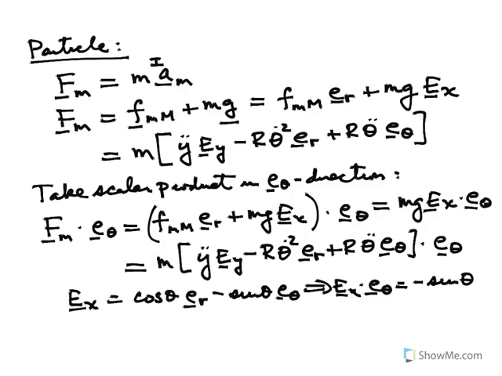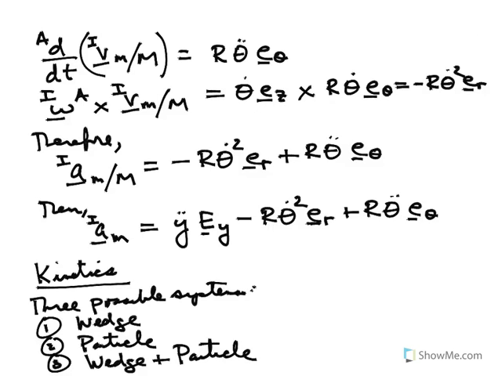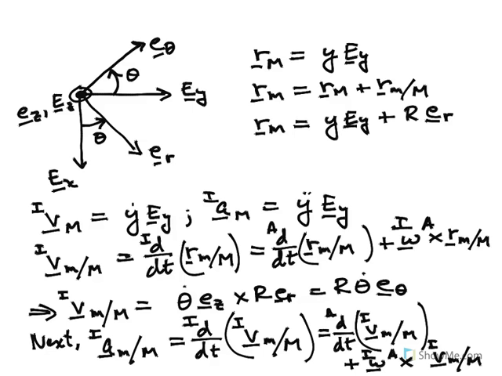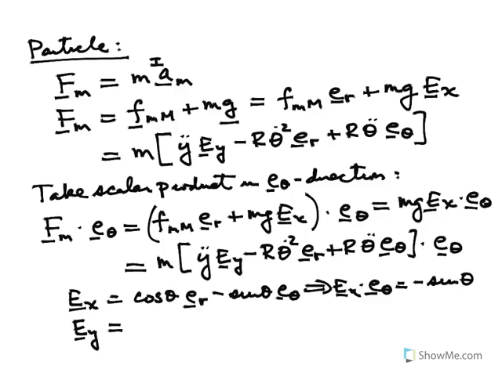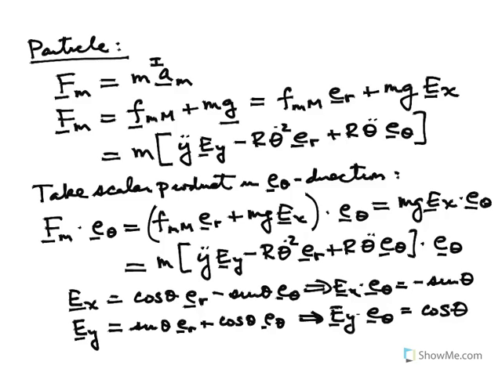And then e_y is equal to sine theta e_r plus cosine theta e_theta, which implies that e_y dotted with e_theta is equal to cosine of theta.